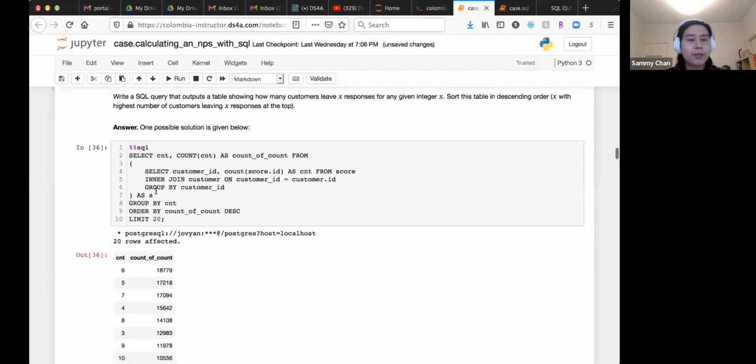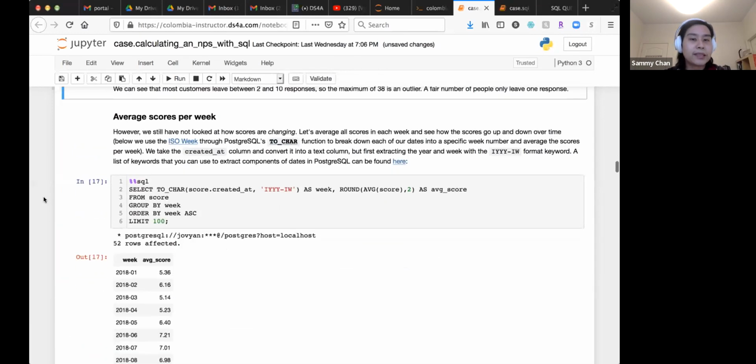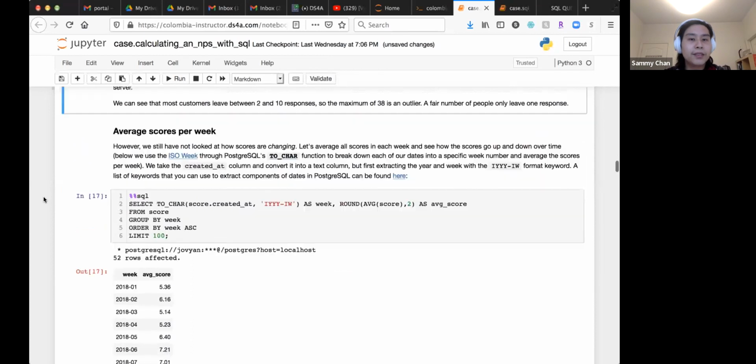That's why we put an alias here, just in case in later queries when we have more nested queries, or if we need to reference the column names here, for example the CNT, we can reference this as a.cnt. So that's the purpose.